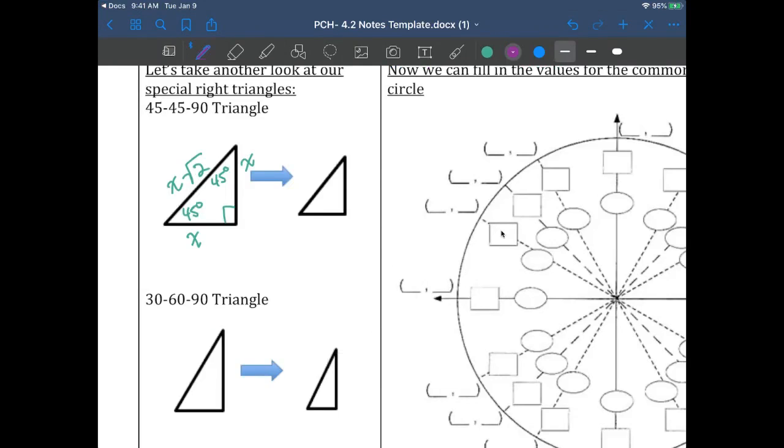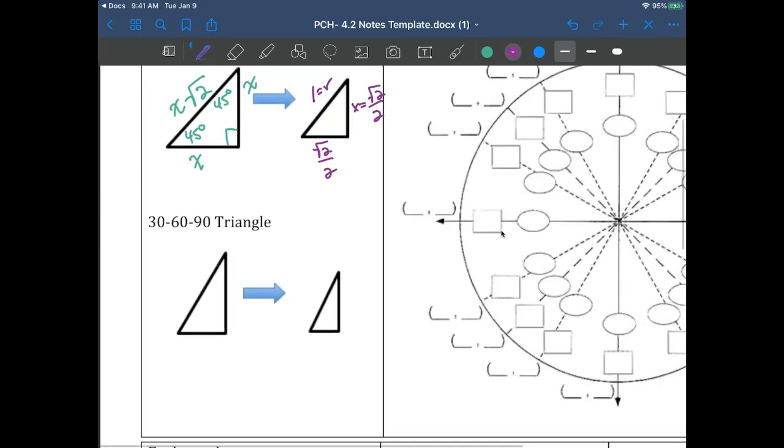So if we make our radius equal to 1, then 1 is equal to the length of our hypotenuse, which is x root 2. So x is equal to 1 over the square root of 2, which again we rationalize, which is root 2 over 2. So x is equal to root 2 over 2 and root 2 over 2 when our radius is equal to 1.